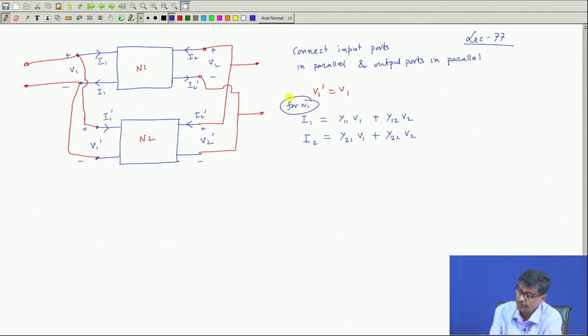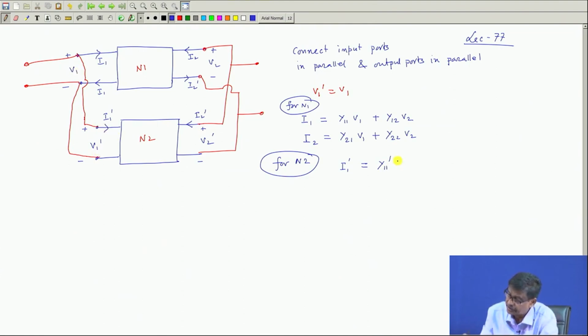For network 2, this time I will straight away write down I1 dashed, which will be equal to y11 dashed for this network, whose parameters I am marking with primes. So, y11 dashed into V1 dashed, but V1 dashed is equal to V1.